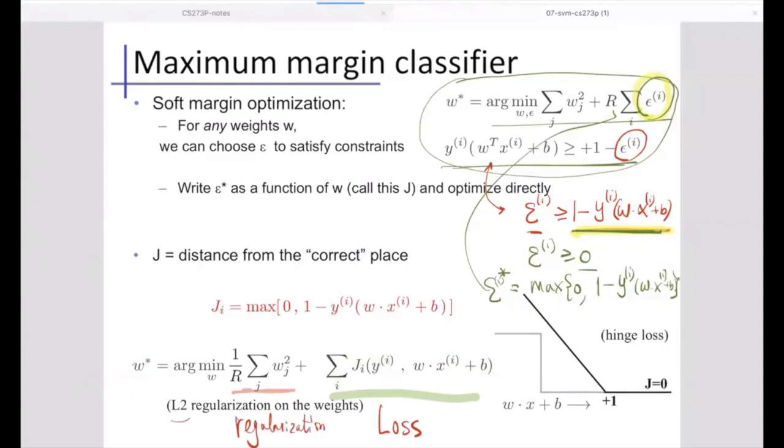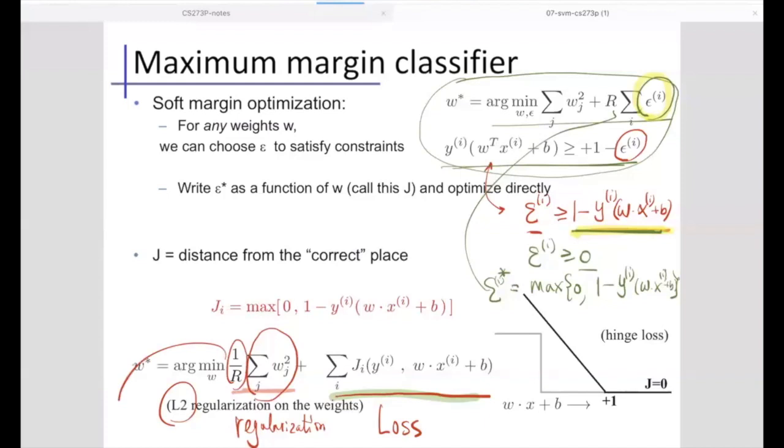And in fact, it is an L2 norm-based regularization term here. And 1 over R is the regularization parameter we talked about previously. And this here, you can think of as a kind of loss function. The way we formulate it here, it looks very close to our previous formulation.